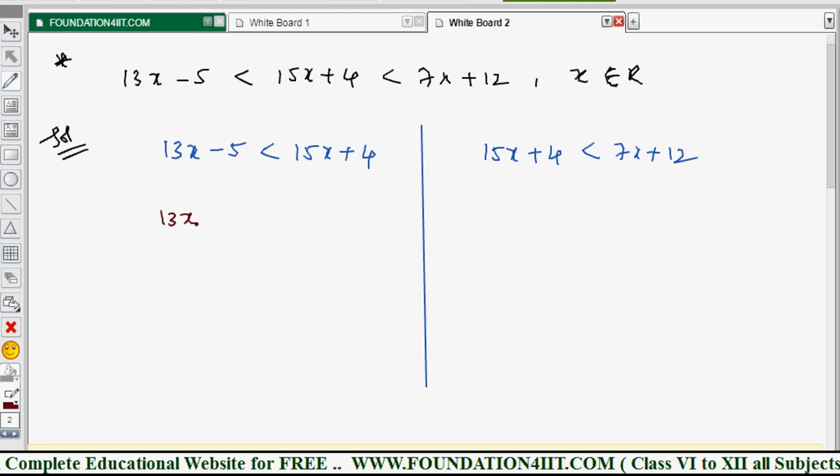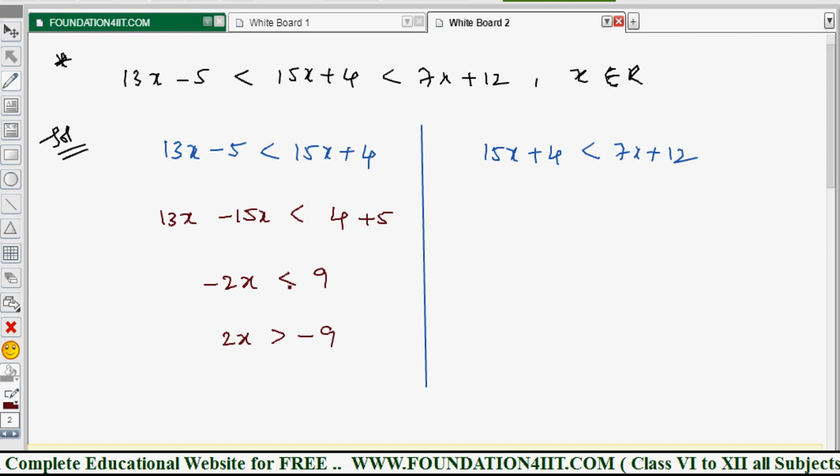Take the x terms to the left side, 3x minus 5x, right? This is plus 5x, take to the other side as minus 5. Same less than symbol. 4 and minus 5 will become plus 5. 3 minus 5 is minus 2x less than 9. Okay, then from this, minus 2x is less than 9. That means plus 2x is greater than minus 9.